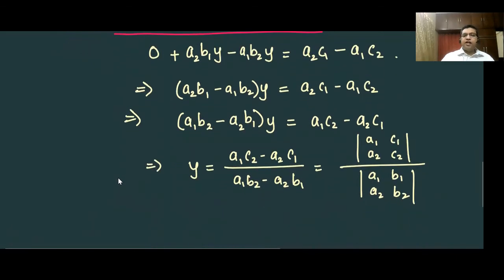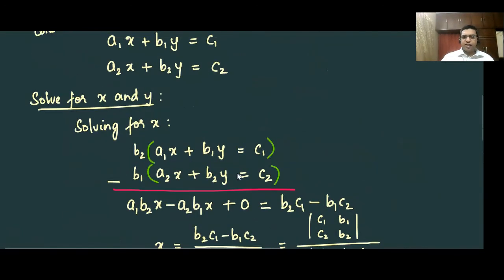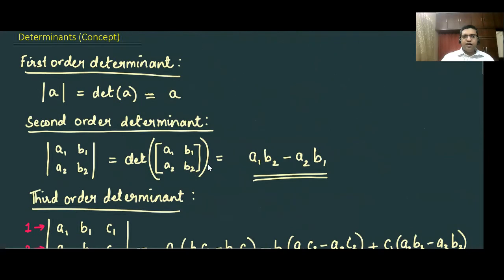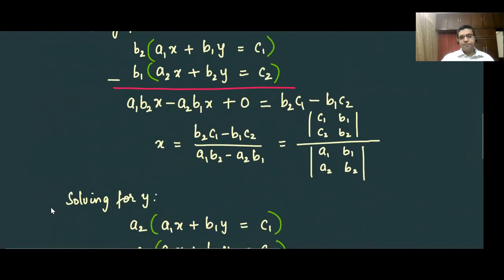The same we can show in detail for the 3 variable case x, y, z, and we get this determinant. So determinants are not arbitrarily defined. Determinants are defined for a very specific purpose, to be able to solve linear equations.